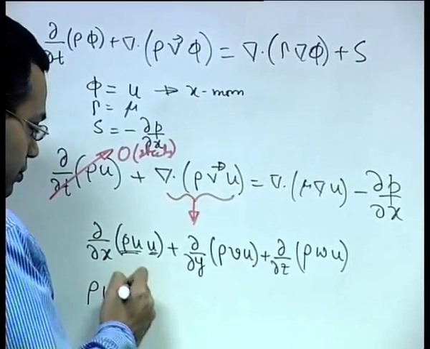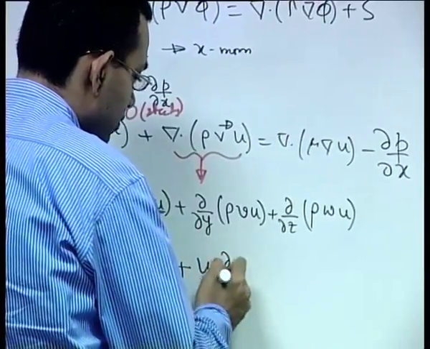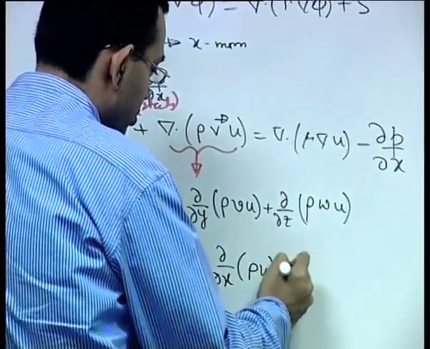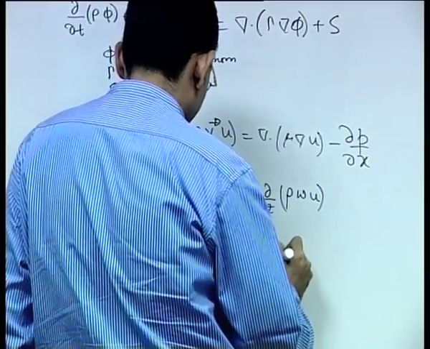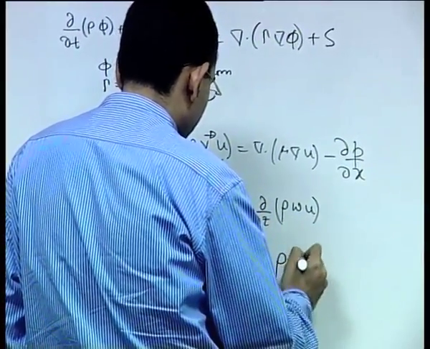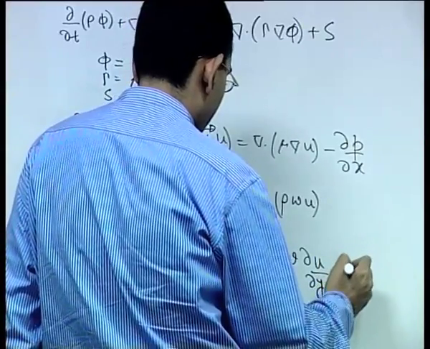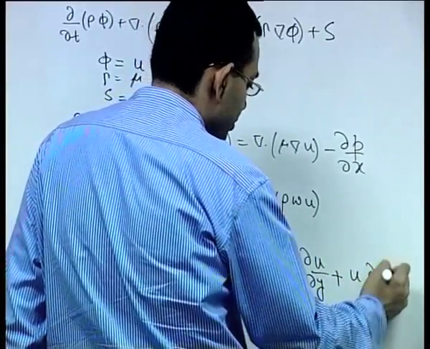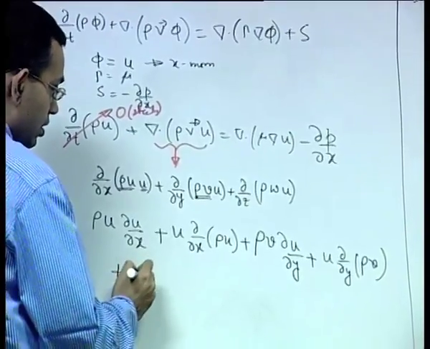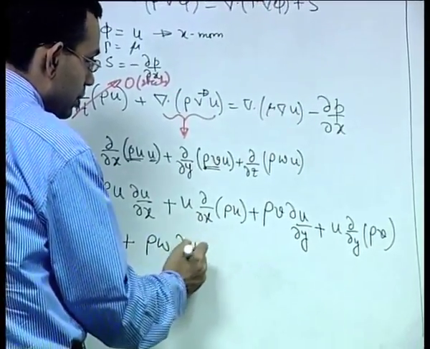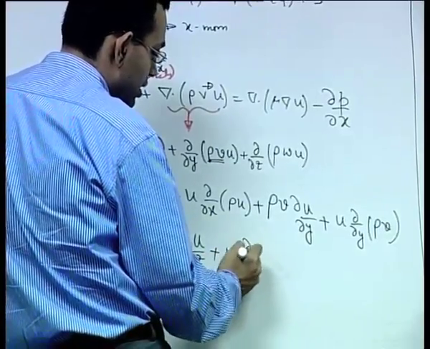rho u del u del x plus u del x of rho u, plus you can club up rho v as rho v del u del y plus u del y of rho v, plus rho w del u del z plus u del z of rho w.